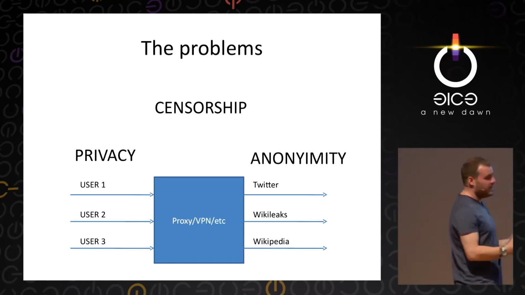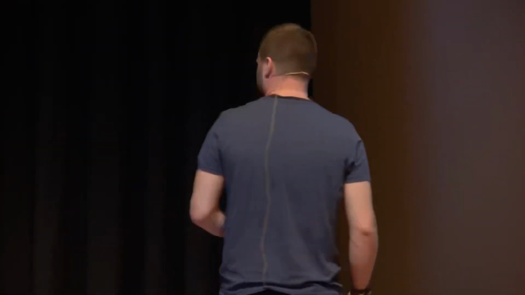If you trust a VPN provider, the VPN provider knows both who you are and what you're doing, and can link those two together with absolute certainty. So whilst you do get some of these properties, assuming you've got a trustworthy VPN provider, you don't get them in the face of an untrustworthy VPN provider. And of course, how do you trust a VPN provider? What sort of measure do you use? That's sort of an open question.